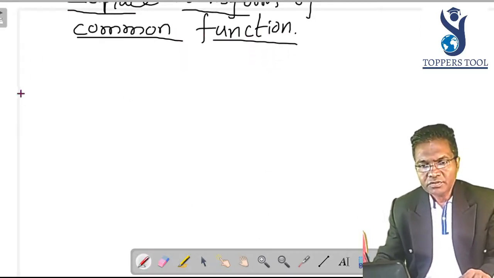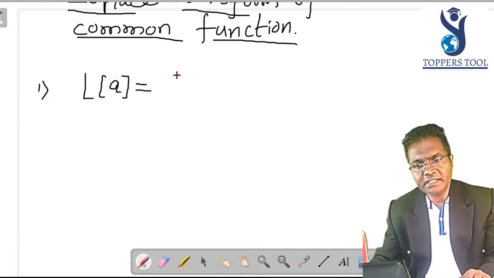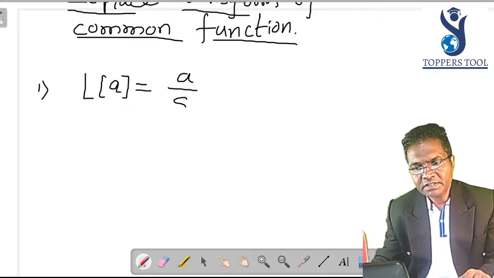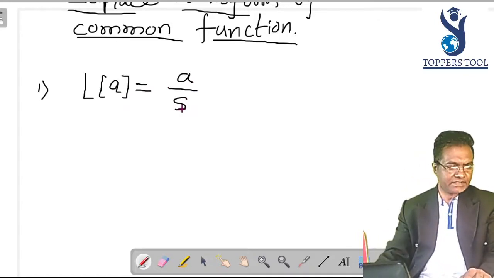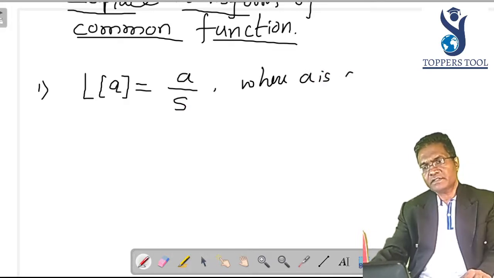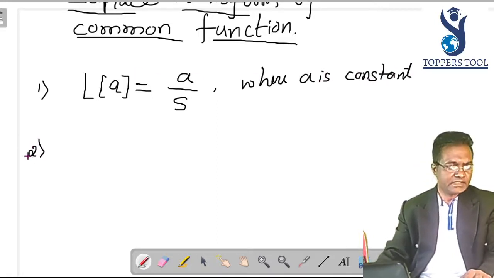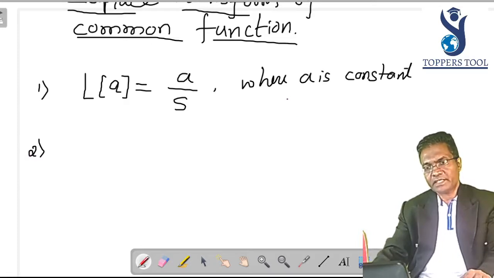The Laplace transform of any constant a is a by s, where a is constant and s is greater than 0. I will be proving it.